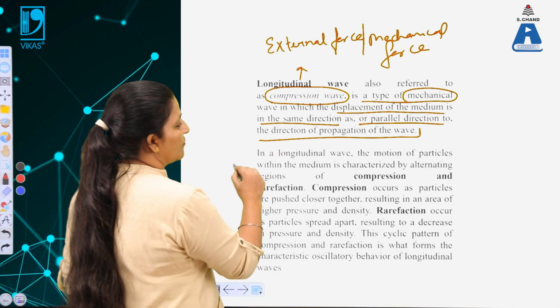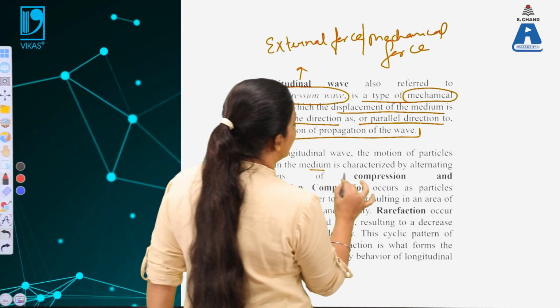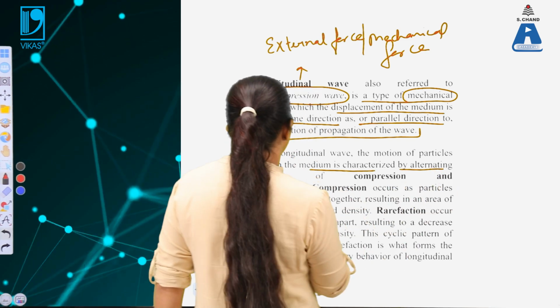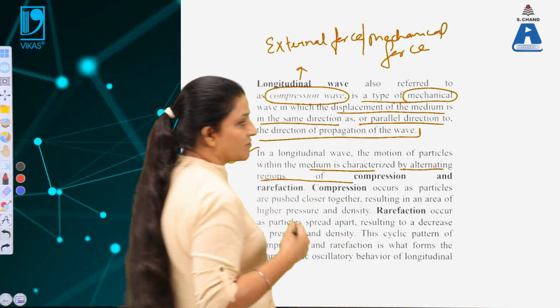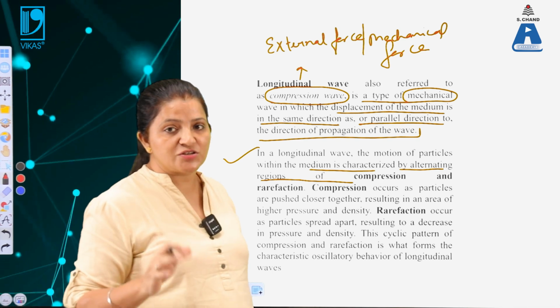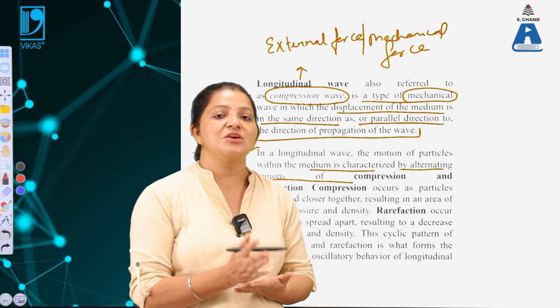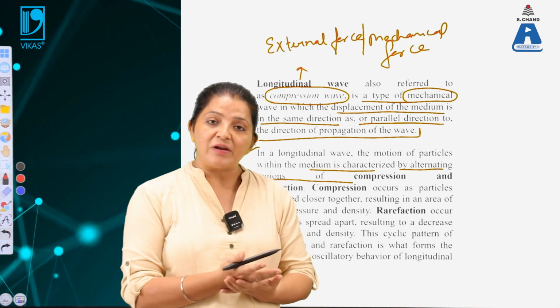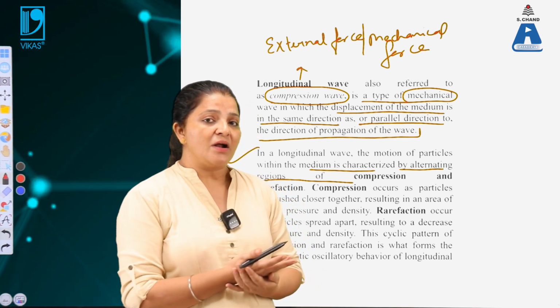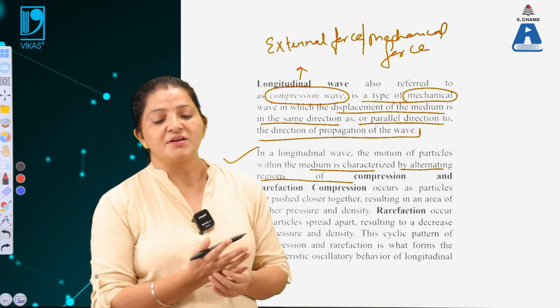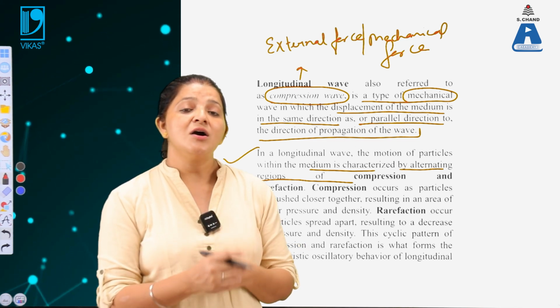Now, in the longitudinal wave, how can we characterize the motion of particles in the medium? What are the properties of the wave? We know that for the transverse wave, properties like amplitude, frequency, wave number, wavelength, time period, and so on are the parameters by which we define the properties.